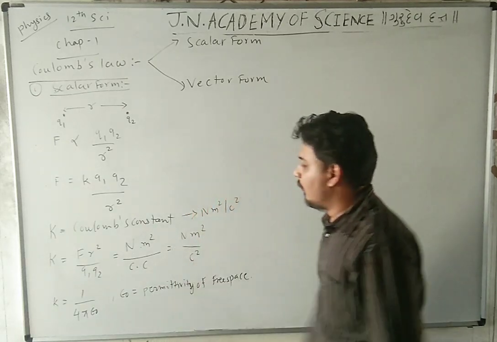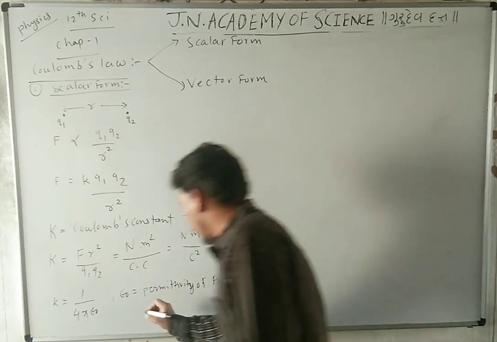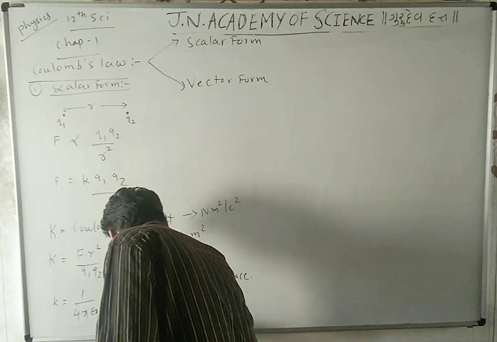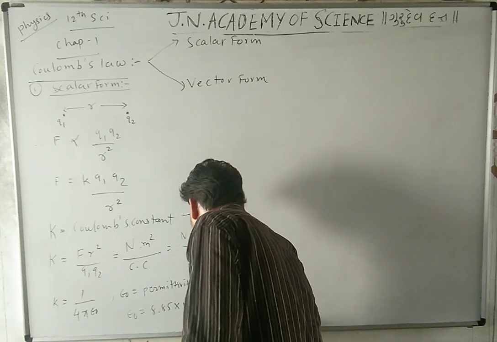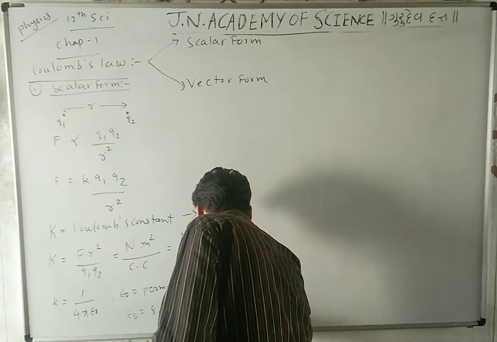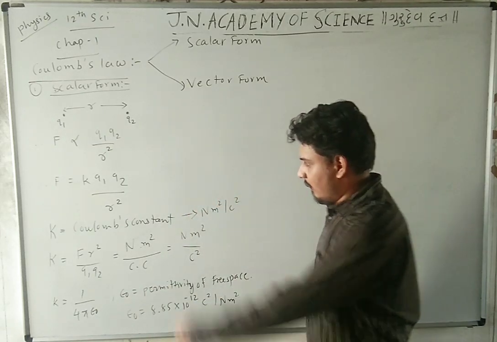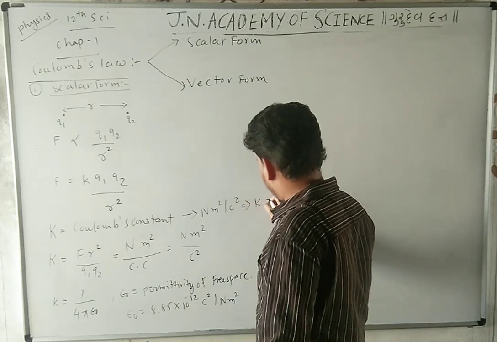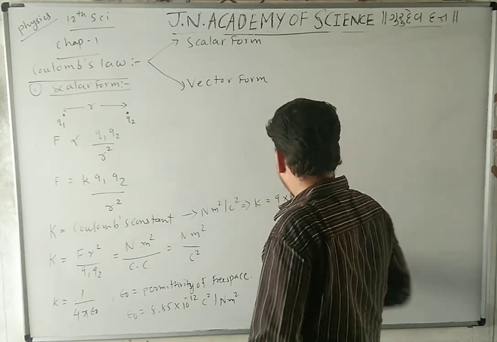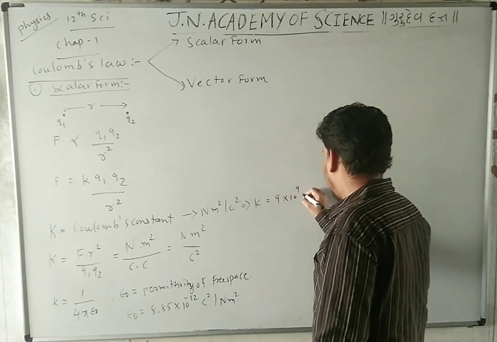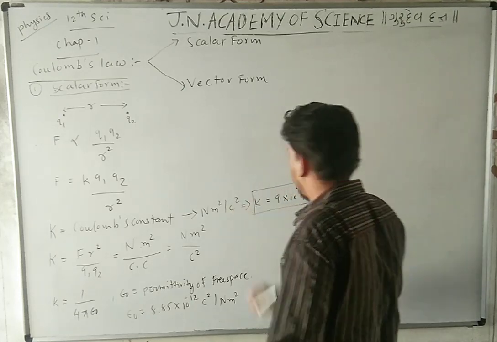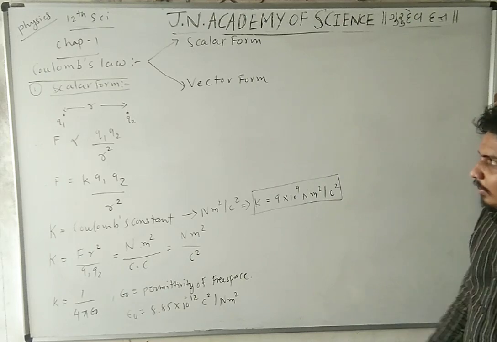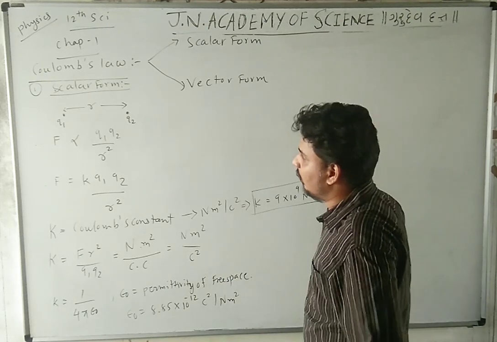Its value is 8.85 into 10 to power minus 12 Coulomb square per Newton meter square, whereas the value of K is the standard 9 into 10 to power 9 Newton meter square per Coulomb square. So this is about the scalar form of Coulomb's law.